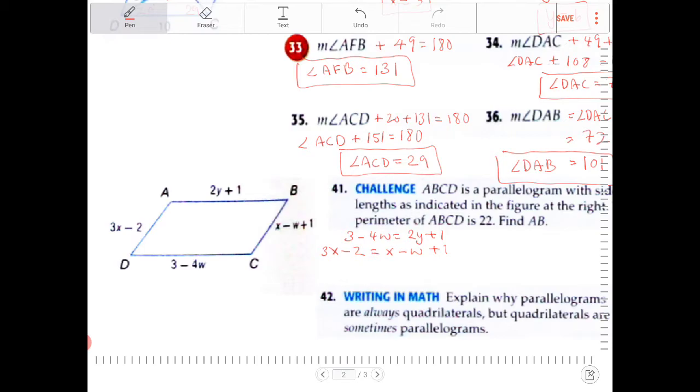If I bring all the variables over to one side, I'll end up with this one being 2x plus w is equal to 3. And then the one above, I'll end up with 2y plus 4w is equal to 2.